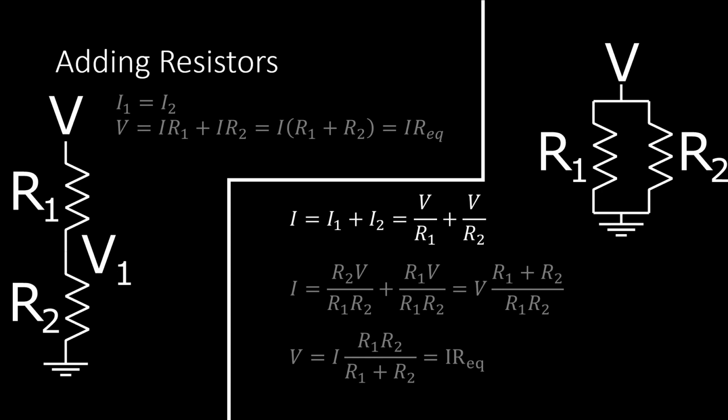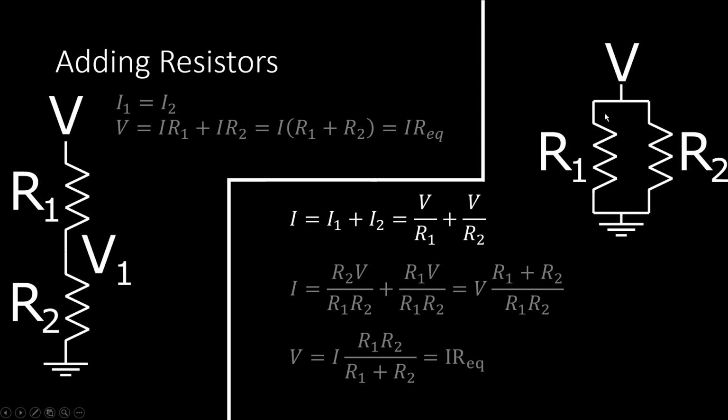If we do the same thing for resistors in parallel, we can follow the same logic to get the equivalent resistance. We know that the overall current coming from the voltage source gets into this node, and then it has to split between the two resistors. So the overall current is equal to the current through resistor 1 plus the current through resistor 2.